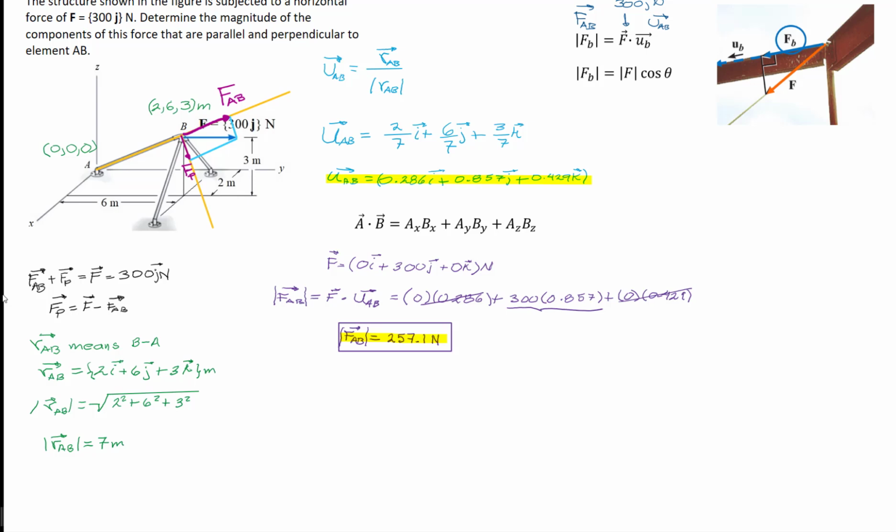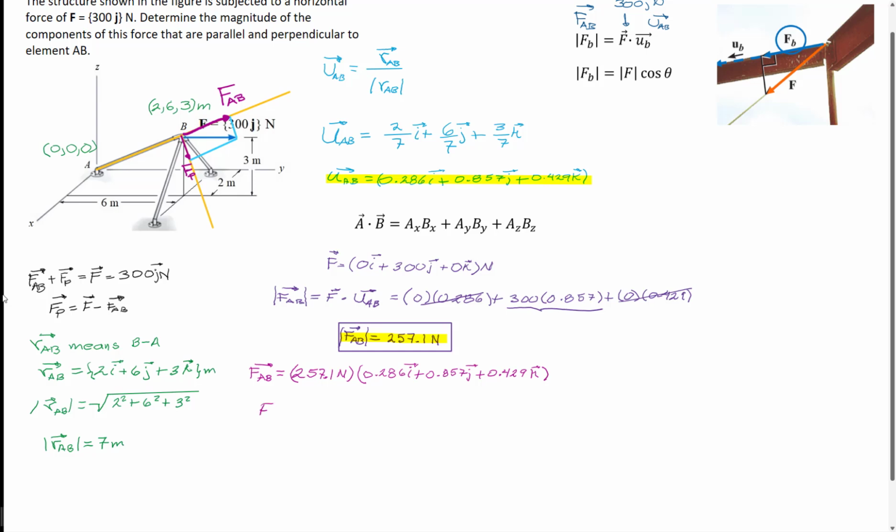So my magnitude of 257.1 newtons times my unit vector, with its first, second, and finally the third component, is equal to my FAB as a Cartesian vector.